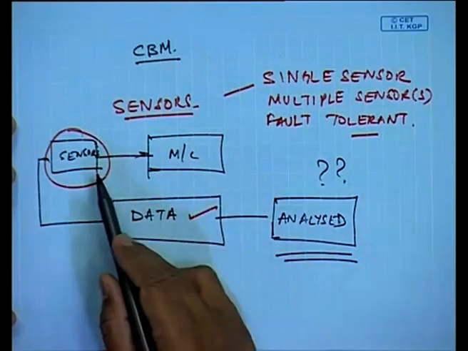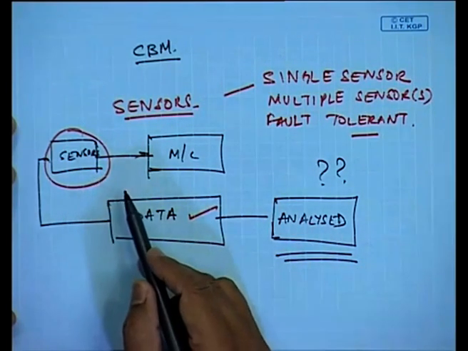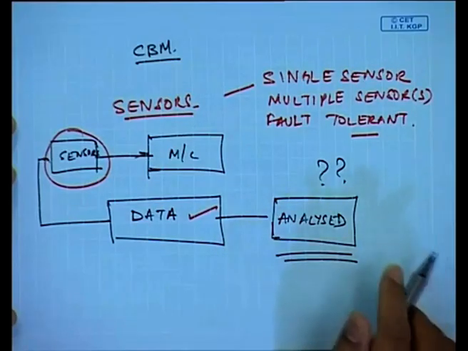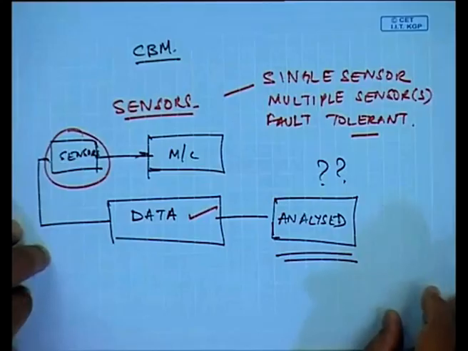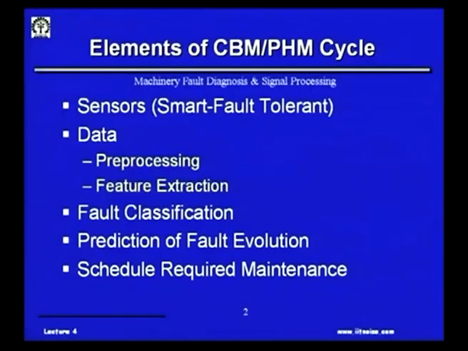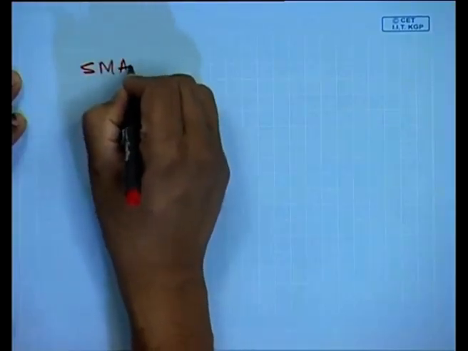To begin with, if the sensor itself is faulty and providing us wrong data, our analysis will be totally wrong. So, the most important feature of the sensors nowadays used in CBM is what is known as smart sensors.